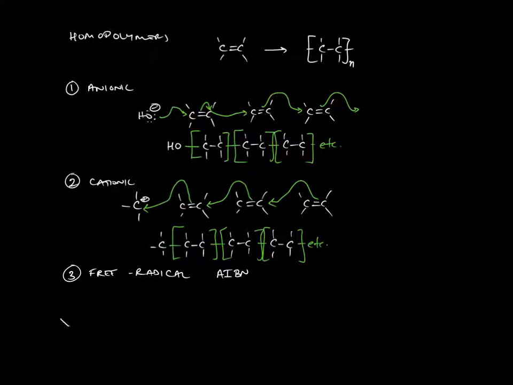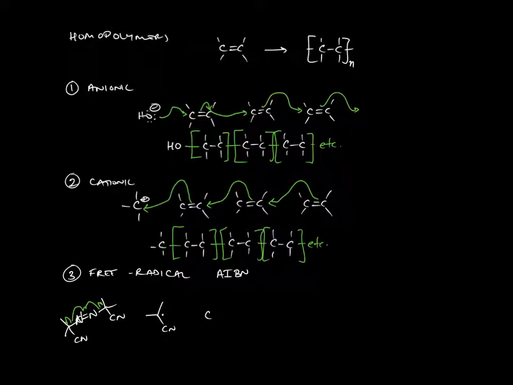But you might remember that AIBN, oops, that's nitrogen, is this thing, and it initiates by making a nitrogen molecule at the center, and making 2 units that look like this. And that's just a free radical.